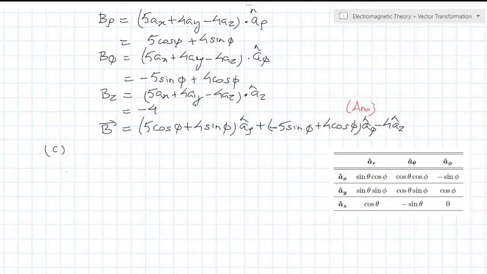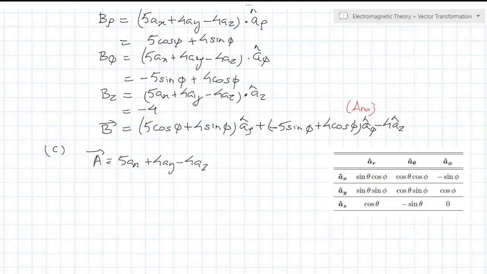In part C, we have to convert again this vector which was A. A was 5ax plus 4ay minus 4az.